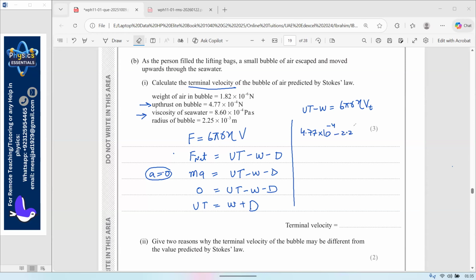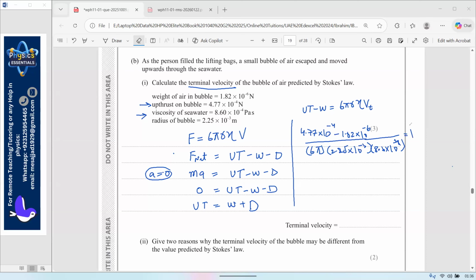Weight is 1.82 times 10 raised to the power minus 6, divided by 6 pi r, where the radius is 2.25 times 10 raised to the power minus 3, and eta is 8.6 times 10 raised to the power minus 4.